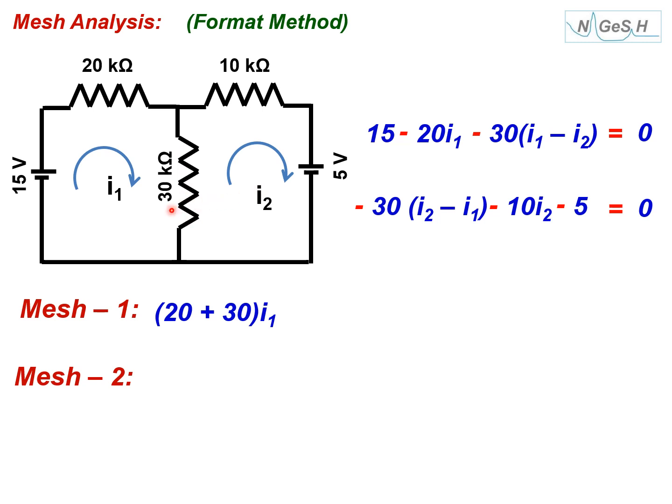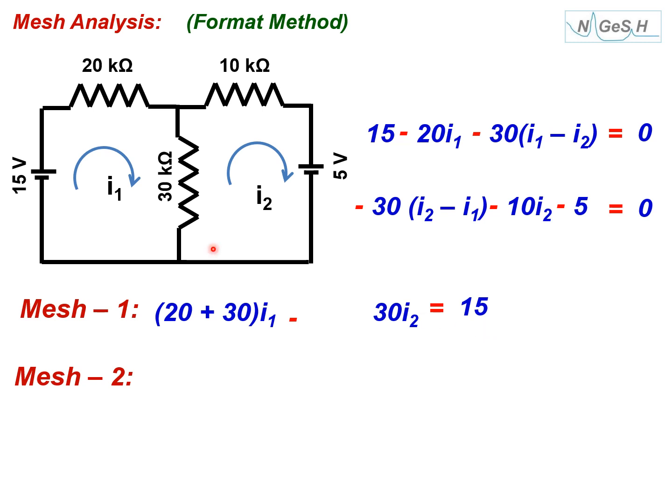So that will be negative 30 into I2, equal to the battery constant. The battery is positive as usual if current is going from negative to positive. If you see, this and this are same, we are just rearranging directly. We got I1 here, I2 here, and 15 here.